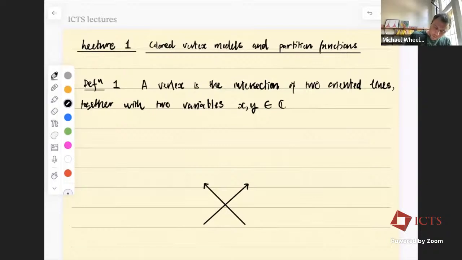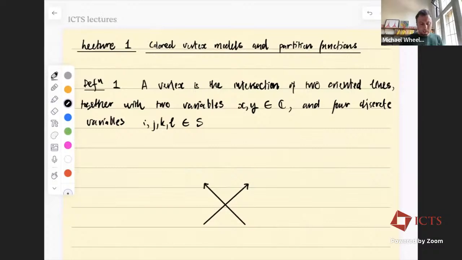So two variables, which will be continuous, and 4 discrete variables, which I'll usually write as I, J, K, and L. And these will take values in some discrete set, which I'll say more about as we get going. Okay, so that's basically what a vertex is.